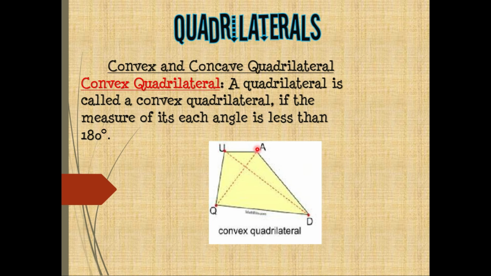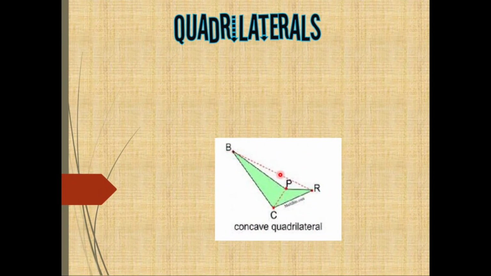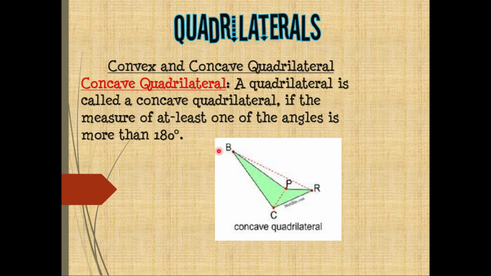So by only visualizing the quadrilateral, we can easily find out whether it is concave or convex, because a convex quadrilateral always has its diagonals inside the figure. But if you see the concave one, the diagonal is outside the quadrilateral. So wherever we have a concave quadrilateral, one of the diagonals will be outside of the quadrilateral. But in this chapter, in this class, we will deal only with convex quadrilaterals.